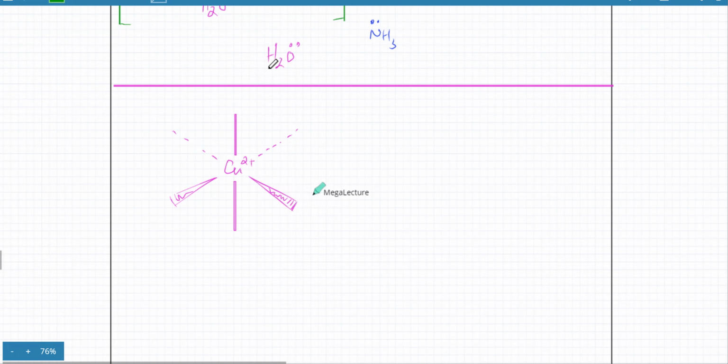We have this copper ion, and it's surrounded by water molecules, all sorts of water molecules attached. But on two sides, there's an OH minus one attached. The oxygen also has lone pairs. Then you have water molecules and more water molecules.